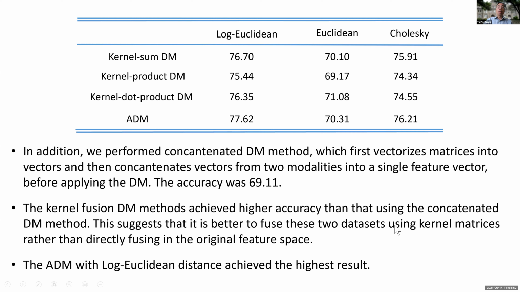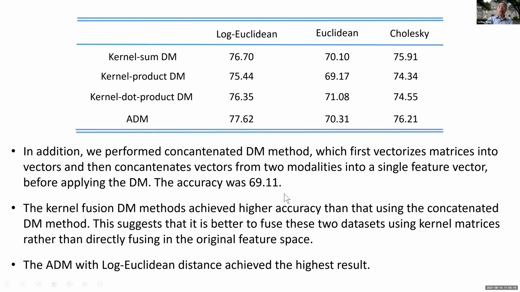This demonstrates that by using alternating diffusion map, we can combine the information from the two data sets, which can give a better result.